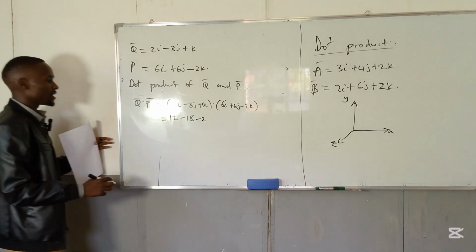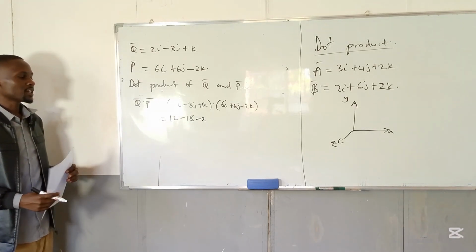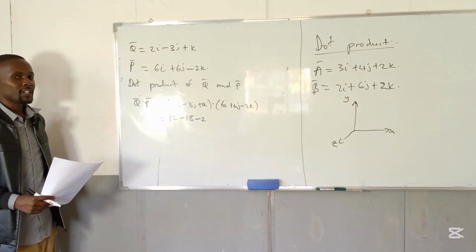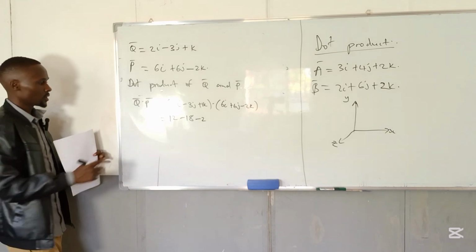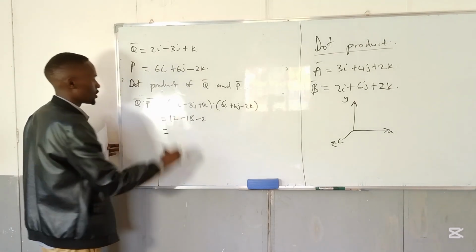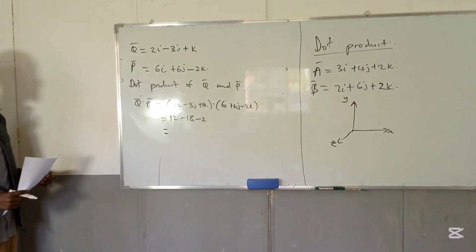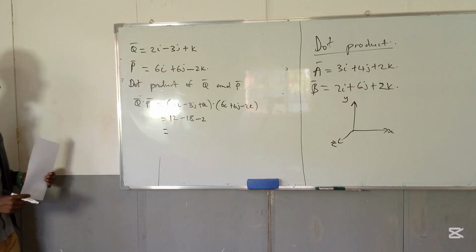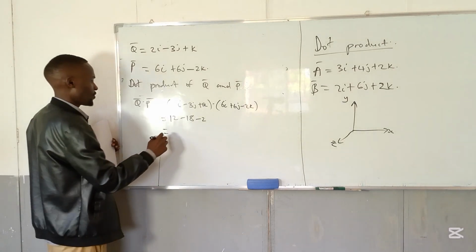Then from here, 12 minus 18 minus 2, which will give us a negative 8.